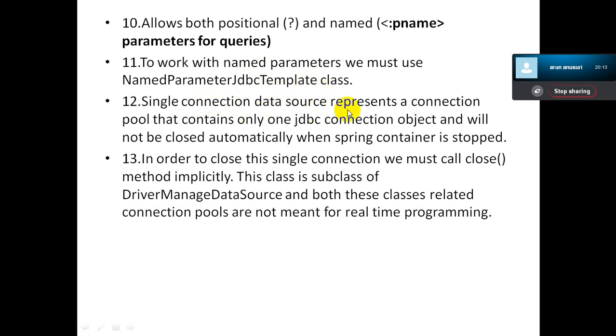SingleConnectionDataSource represents a connection pool that contains only one JDBC connection object and will not be closed automatically when the Spring container is stopped. So this is a very important thing. Generally we get the connection objects and we do not close them. That's a very bad thing.